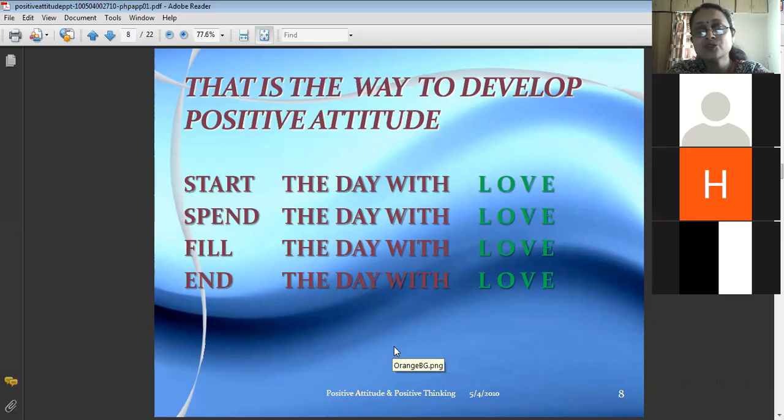I practice this too. Whenever I end watching television, at least before I go to bed, I make sure that I switch off my television with positive news.